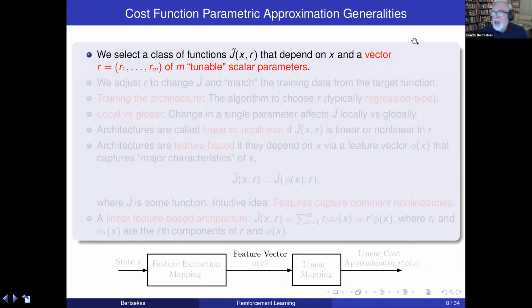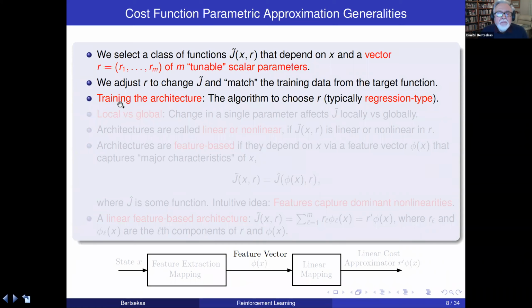Okay, so let me say a few general things about cost function parametric approximation. As I mentioned earlier, we select a class of functions that depends on a parameter vector r that has m components, which you can change. They're tunable. These are scalar parameters that you can tune, and therefore change J tilde so as to match the training data from the target function.